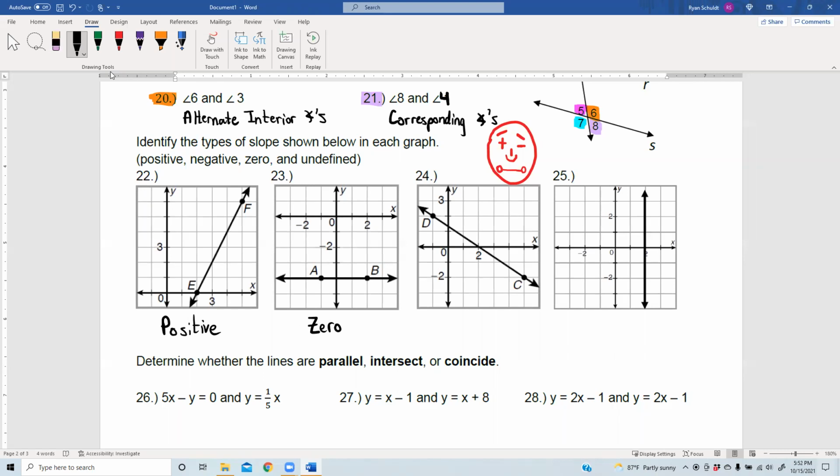This one goes down. The one that goes down is his negative eye. So this one is negative. And then this one's vertical, like his nose. So that starts with a U. Which one starts with a U? Undefined.